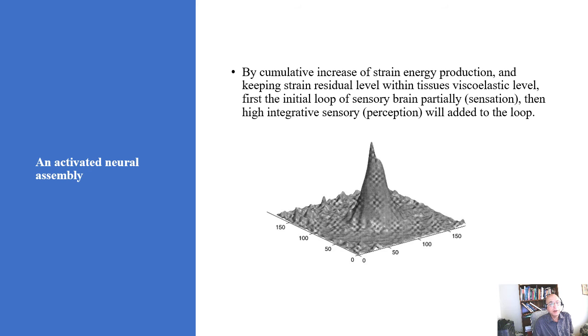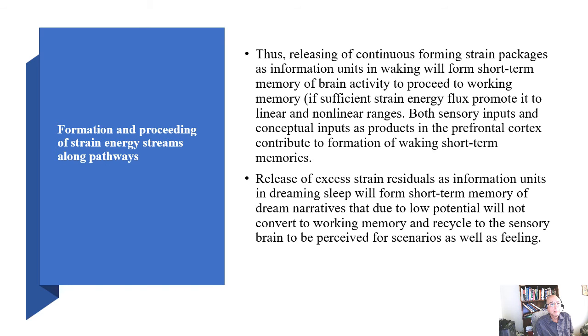It can be a sensory input or a high emotional input created internally in the brain. A powerful activity stimulus, like in the previous slide, will start a flow of strain energy over the cortex, as well as radial emissions from the thalamus and other components in the limbic system to the cortex locations through layer 4.